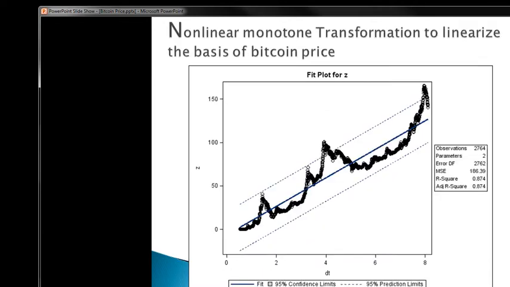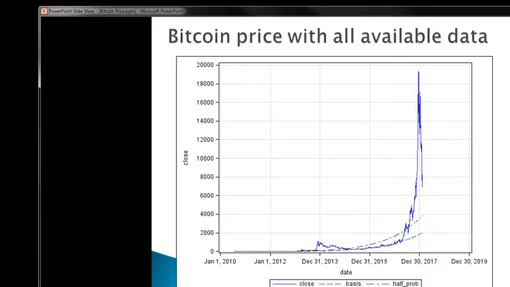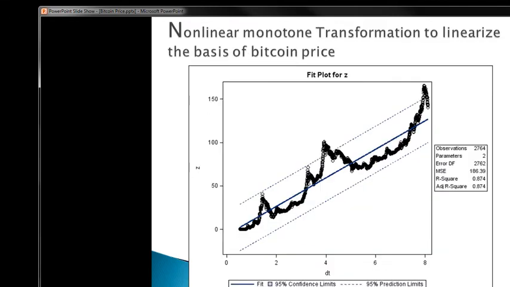And I talked about a non-linear transform. It's not the log transform, of course. It's a mathematical transform, a monotone, one-to-one transform, and through that transform, I was able to make it more linear.